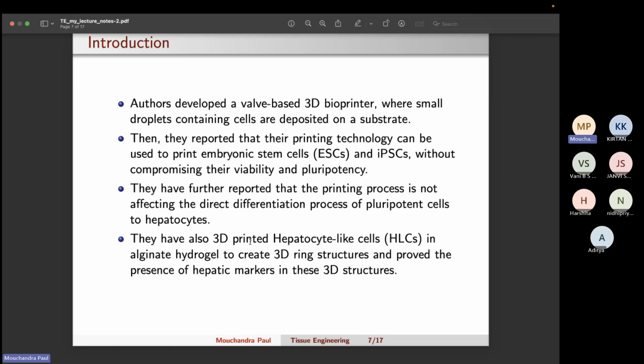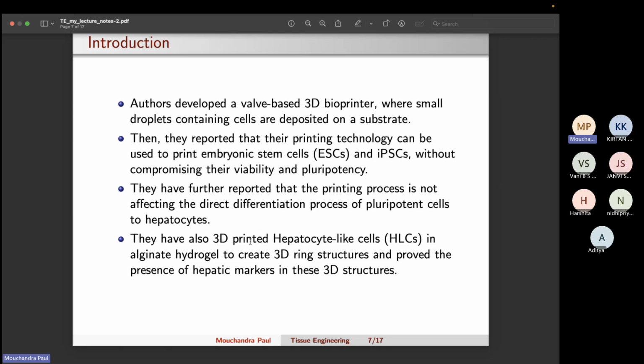Now, whoever wants to explore this area can simply purchase this machine because there are many companies available who make world-class quality 3D bioprinters. Here the authors have developed their own 3D bioprinter, and their machine deposits the bioink in a drop-by-drop fashion.